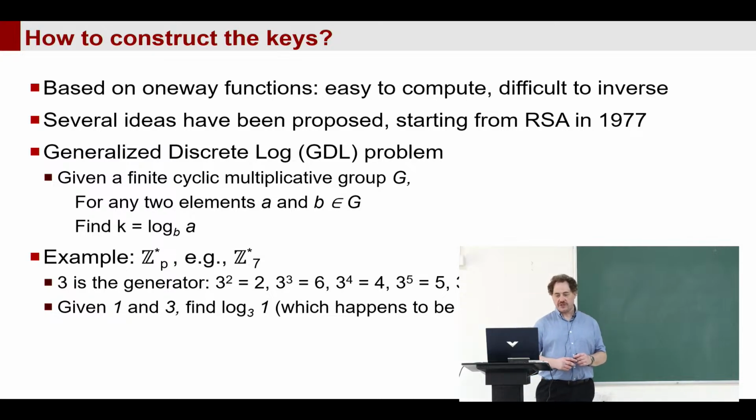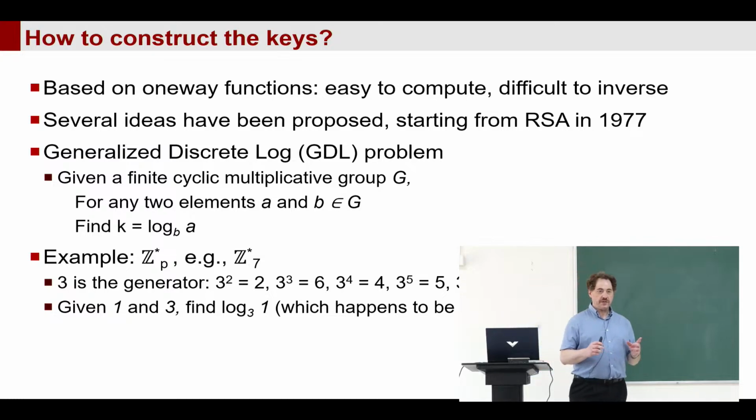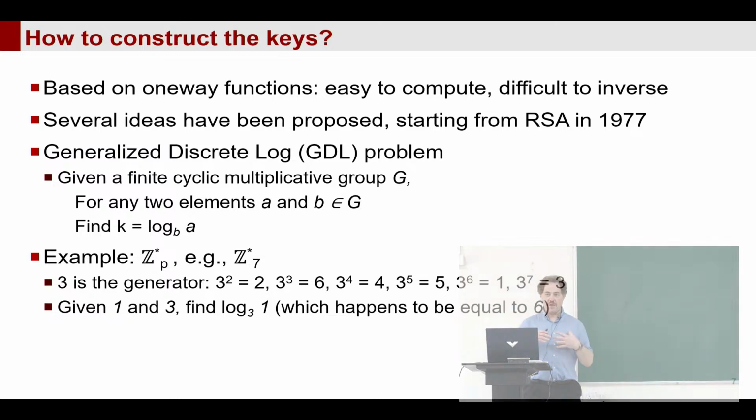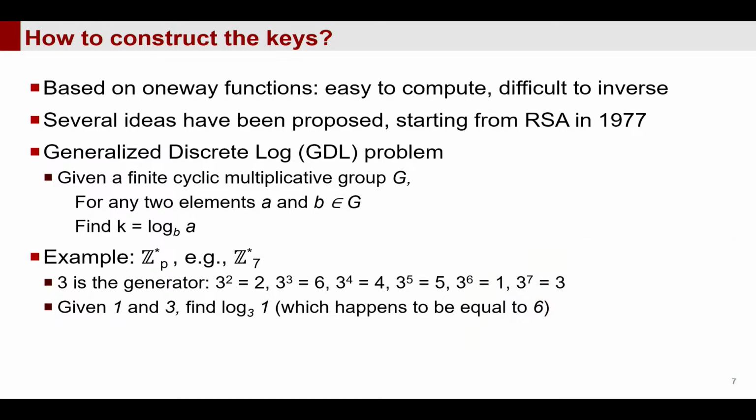How would we form such a group? The group would consist of all the natural numbers from 1 to 6. If the prime number used to generate the group is 11, then it would be all natural numbers from 1 to 10. So what's the operation? The operation is multiplication. The group is multiplicative.